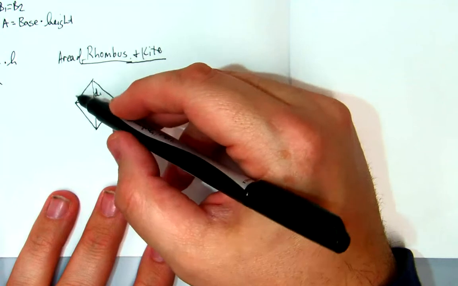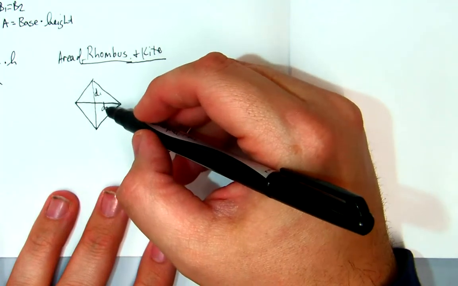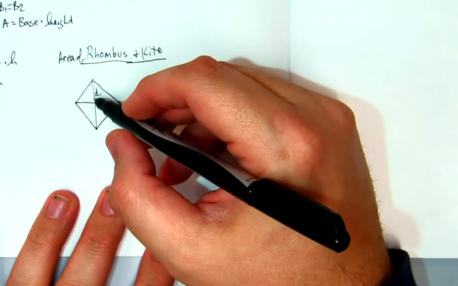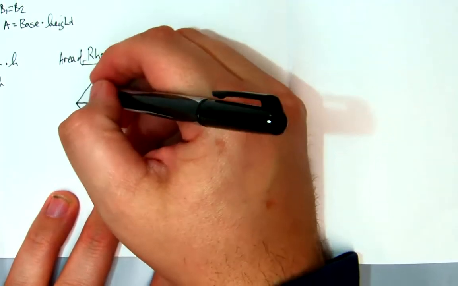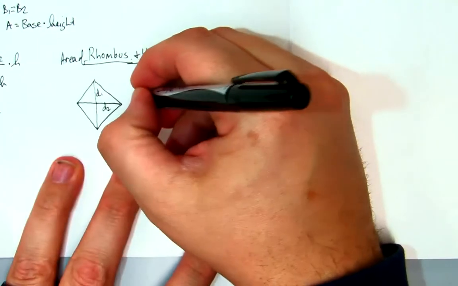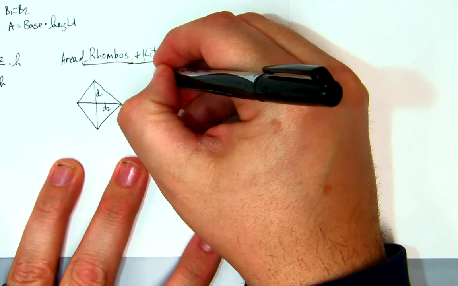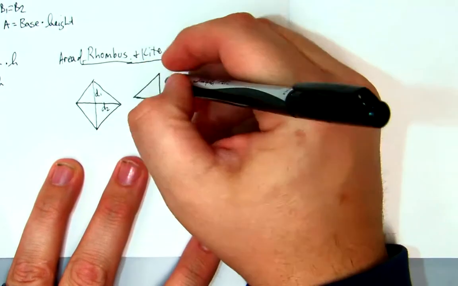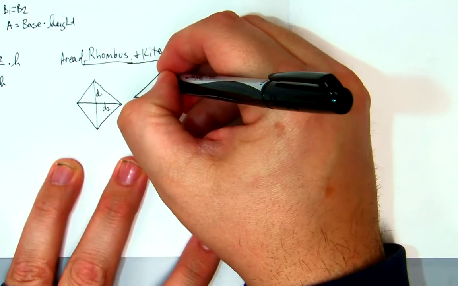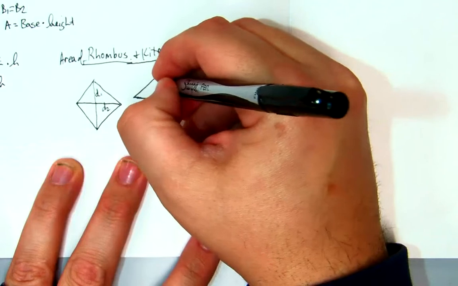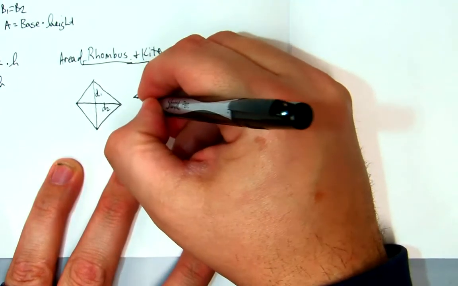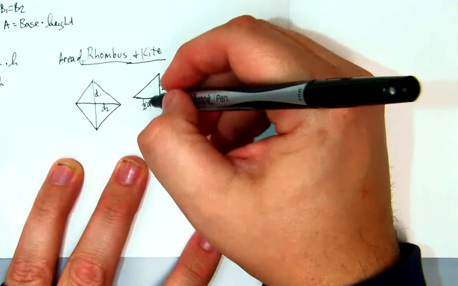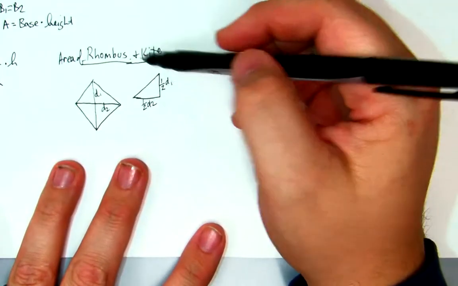Now, there are four triangles here, and the area formula comes from the idea that you take a triangle, and for a rhombus it's going to be half D1, half D2, and then you'll end up with 1/4 of the whole thing.